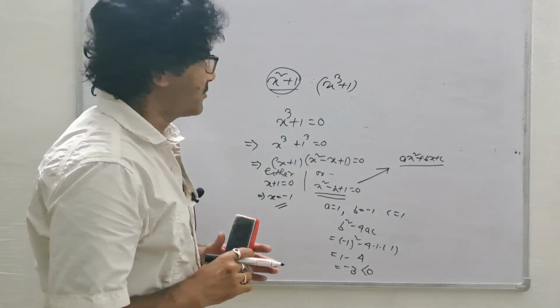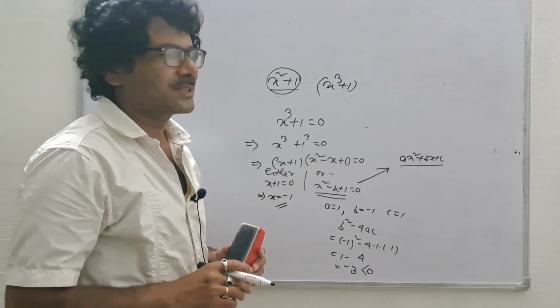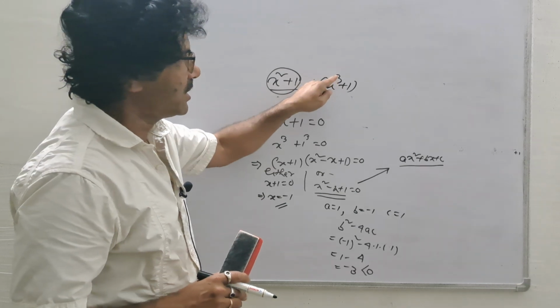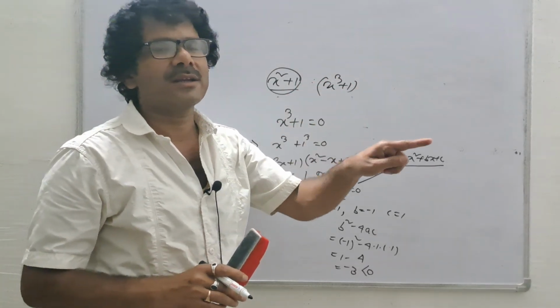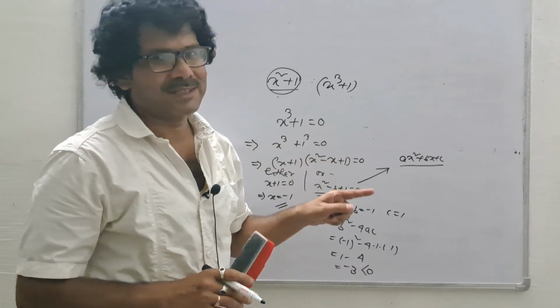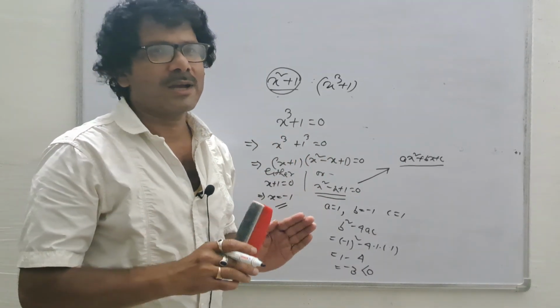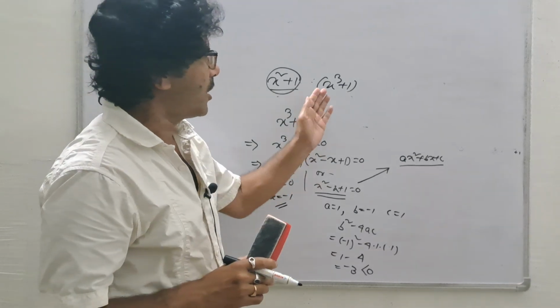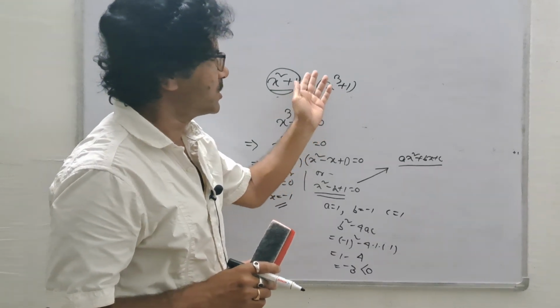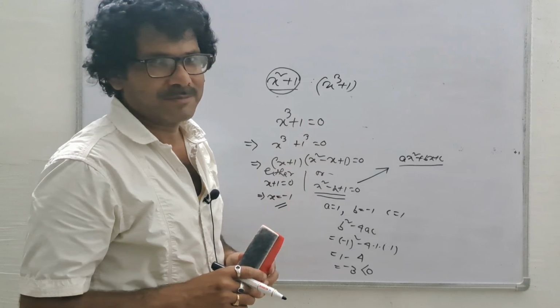This is very important to know. Just by watching the degree, we cannot say that the graph of the polynomial will intersect the x-axis at 3 points. We have to know how many real zeros this polynomial will have.